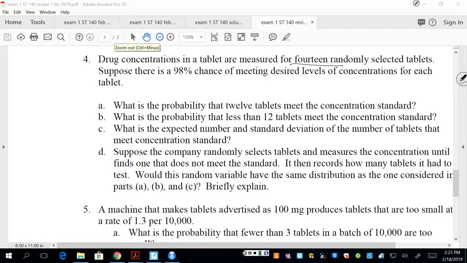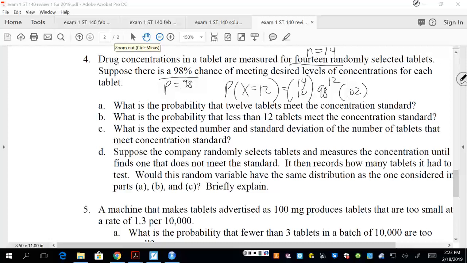So 14 randomly selected tablets, that fits your n in there. 98% chance, the probability. And the probability that 12 tablets meet the standard, right? The probability that X equals 12. So 14 choose 12, 0.98 to the 12. 2% is left over, and there's 2 more of those.